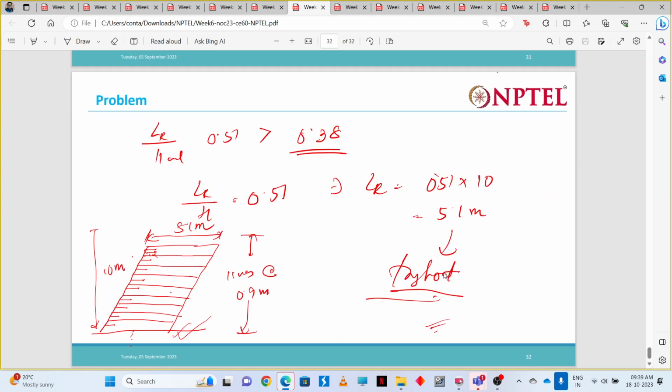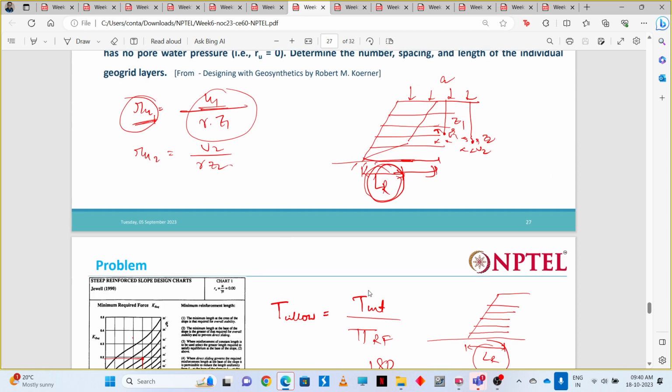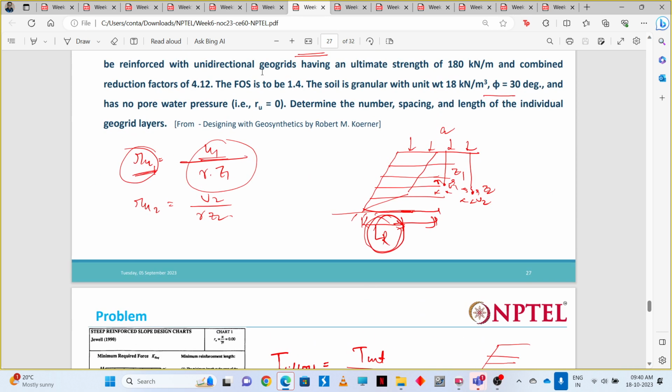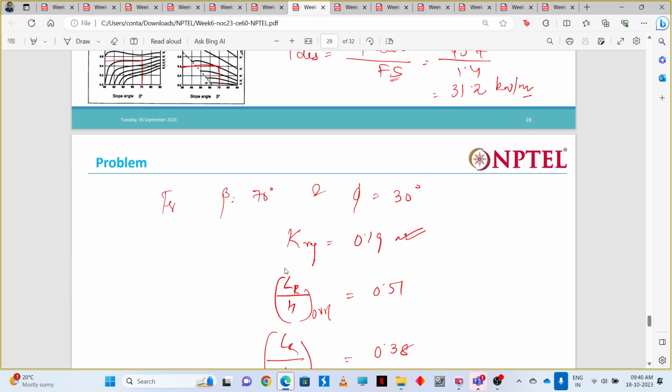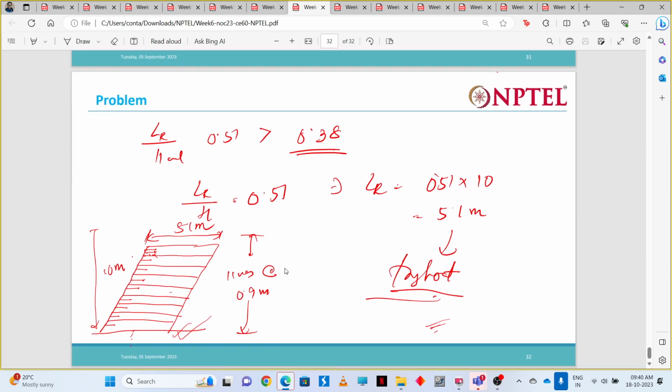Jewell's method directly gives the length of reinforcement, so that ensures the factor of safety is, say, 1.4. That means this will ensure that the design is safe.